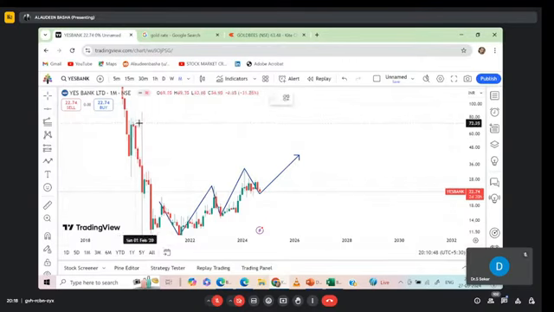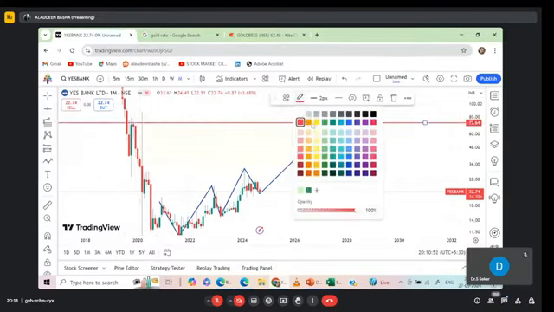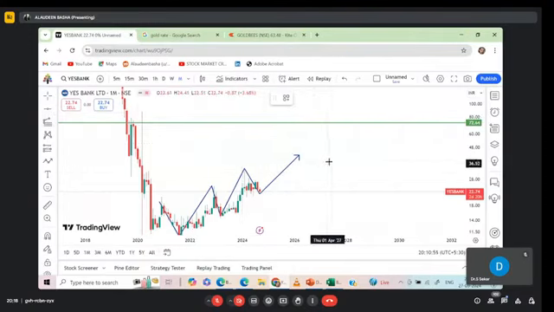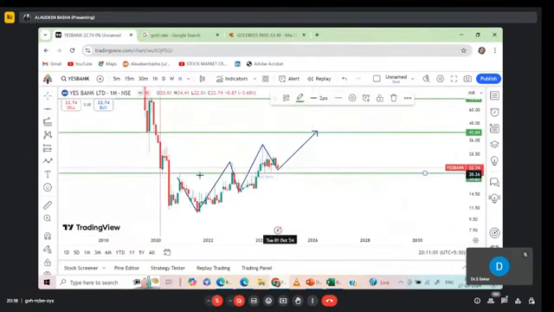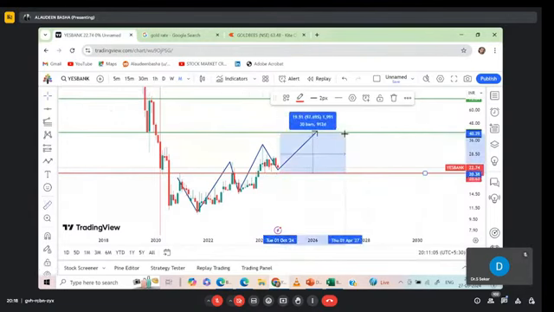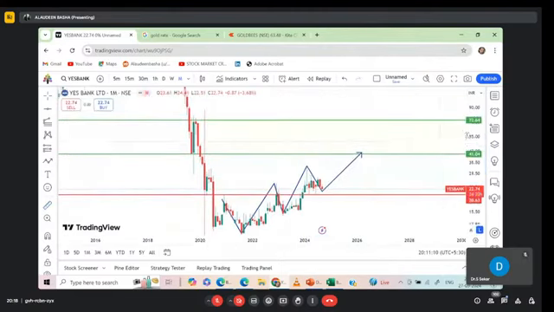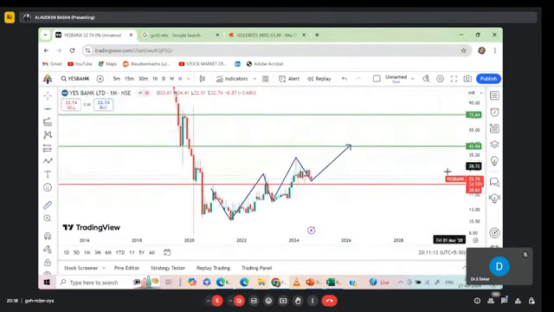So at least it will go up to 70. The second target is 70. The first target is 40. If you buy here in the 20 plus range, your money will double. That is a multi-bagger, almost 98%. This is the second multi-bagger stock, Yes Bank.